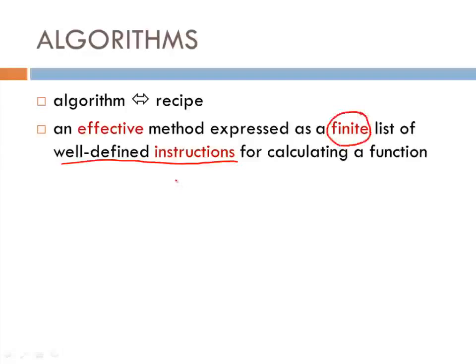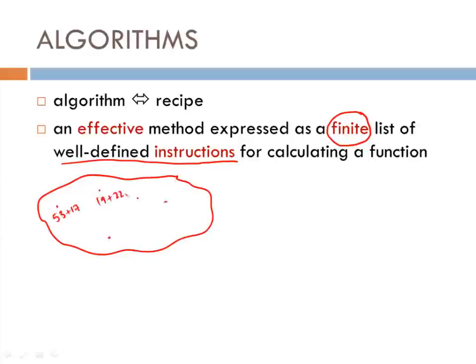In general, problems will have infinitely many instances. For example, if you take the problem of addition, there are many instances like 53 plus 17, 19 plus 22, and so on. But we want to give these instances to a single algorithm that has a finite description.